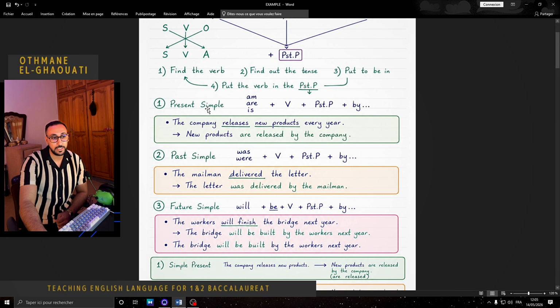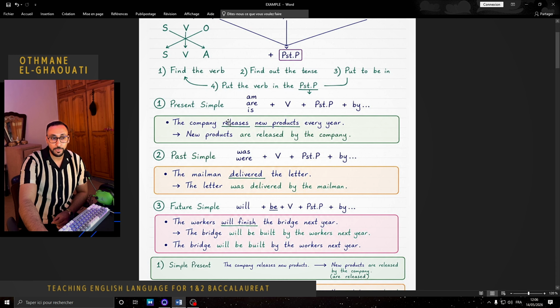Alright, so the first example here is a present simple sentence: the company releases new products every year. This is the active form of the sentence. You figure out that this is the verb and this is the object, and the object is always after the verb, and the subject is always before the verb. So the object becomes the subject, and then comes the verb.